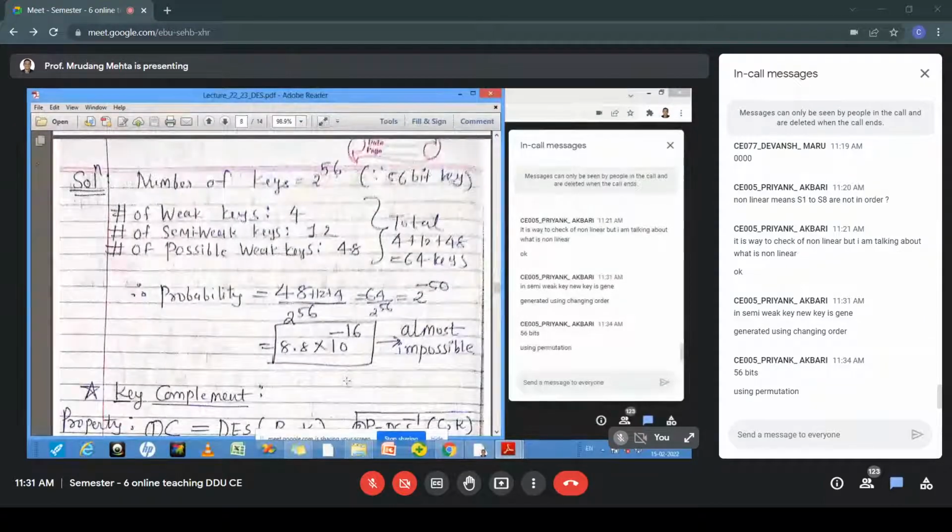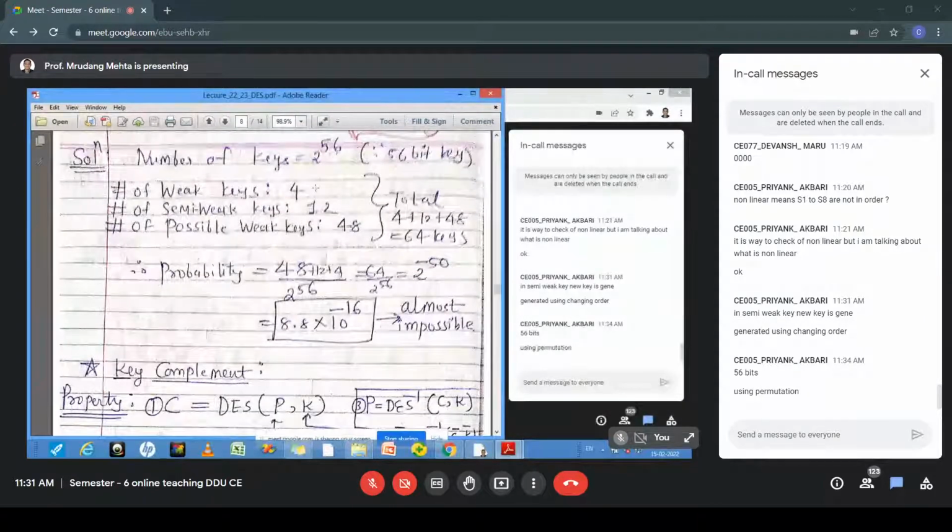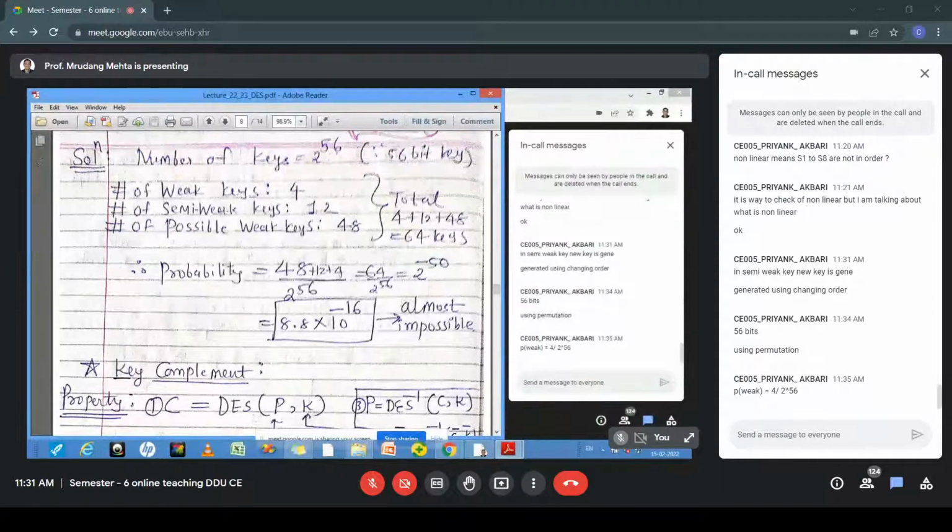So let us see the solution. The number of keys is equal to 2 raised to 56. Number of weak keys equals 4, number of semi-weak keys equals 12, and number of possible weak keys equals 48.